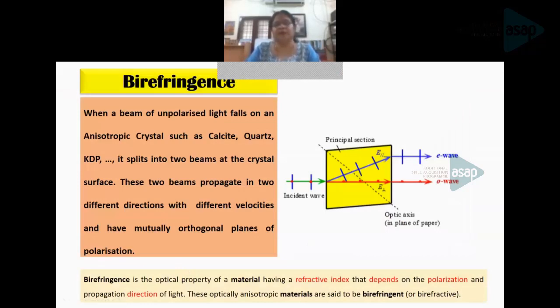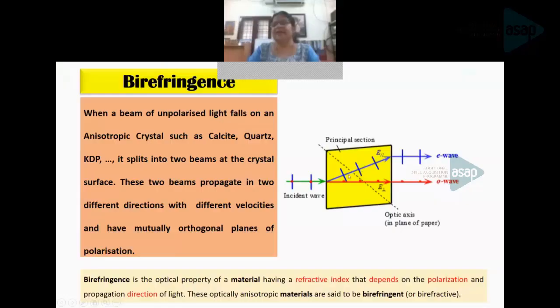It is actually the optical property of a material. So here, look at this diagram. Here, an unpolarized light falls on the surface of the crystal. Now, at the surface of the crystal, this beam splits into two different beams with orthogonal polarization and travels in different directions with a different velocity.